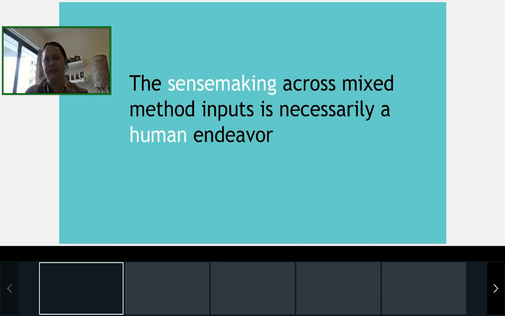We need to immerse ourselves into the stories of people to be able to make sense of them and to be able to bring that richness through to the story that we then curate and pass on to our colleagues, to the people that we're influencing to make things better for people.